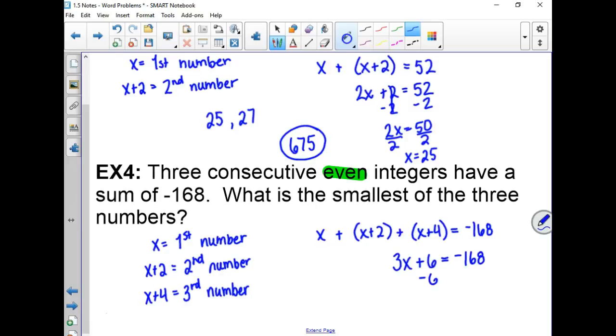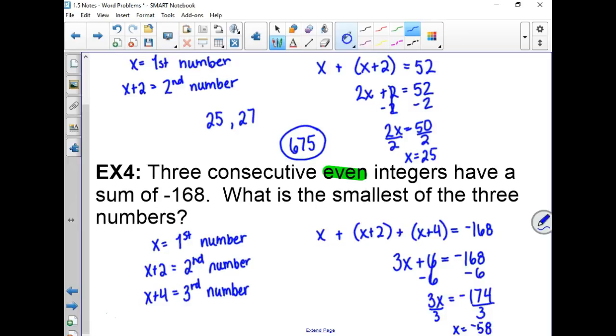We subtract 6 from both sides, so we get 3x equals negative 174. And if we divide by 3 here, we might need to reach for our calculators. Negative 174 divided by 3 is going to give us negative 58.